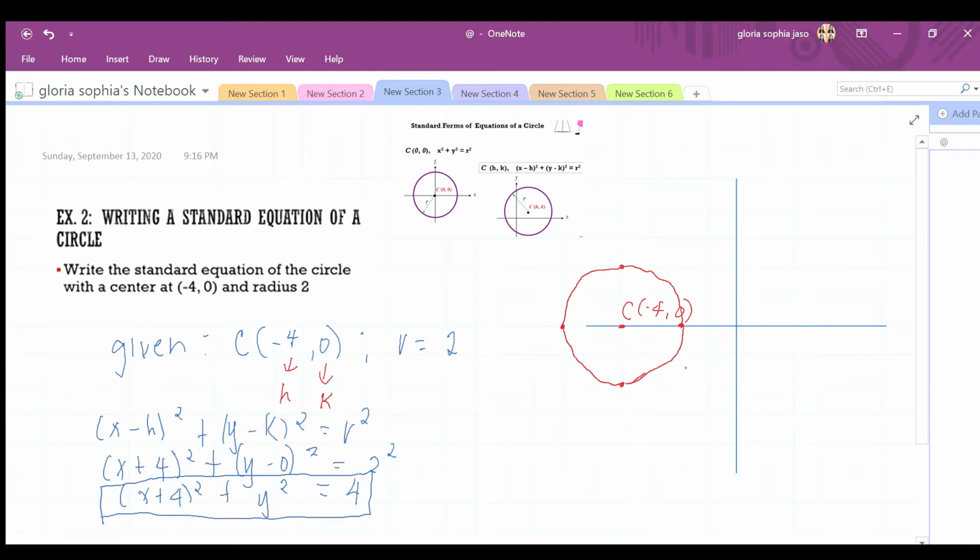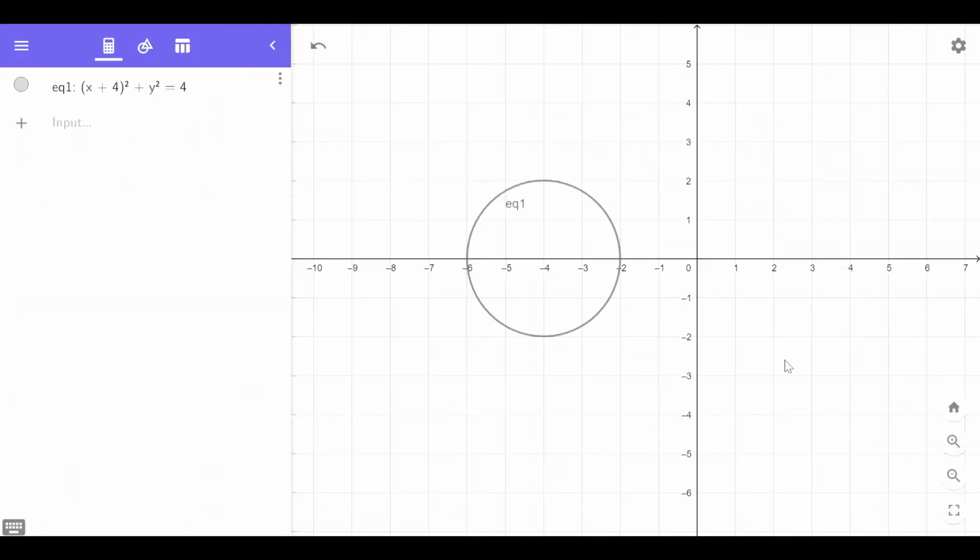Okay, so try nating i-graph class yung circle natin sa GeoGebra. So ito naman yung itsura ng graph natin sa example 2. So pwede natin din class i-graph yung center niya. So yung center niya is at -4, 0 para makita natin sa graph. Ayan.